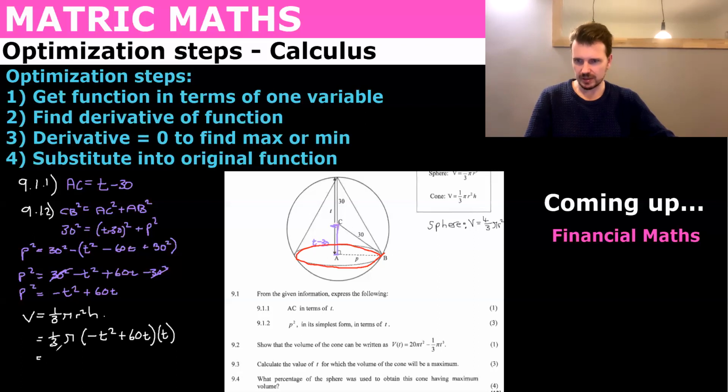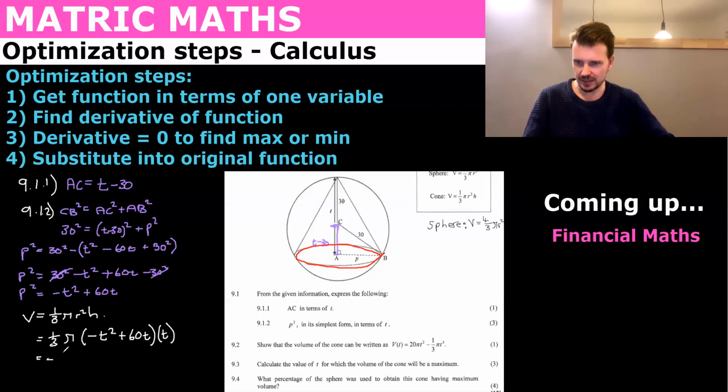And so we get 1/3 times, this is minus t squared. Okay, so that's the last bit.